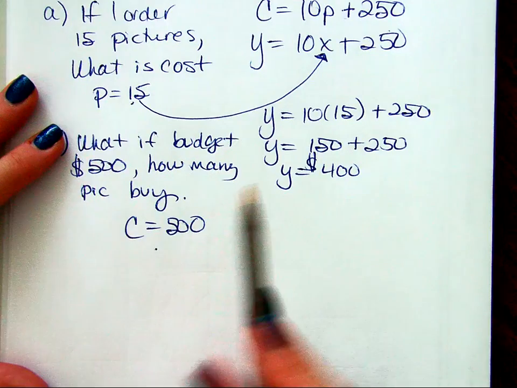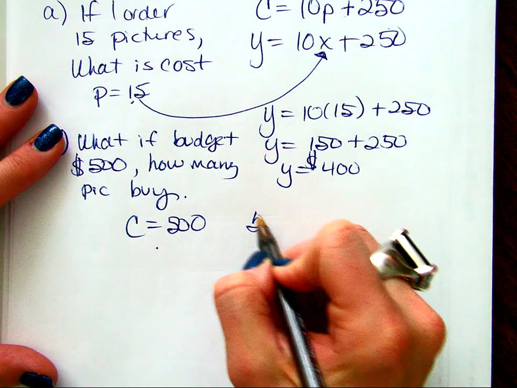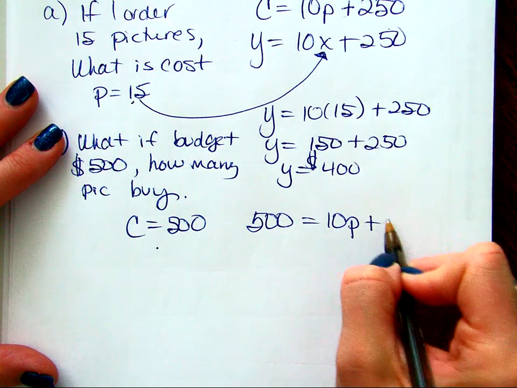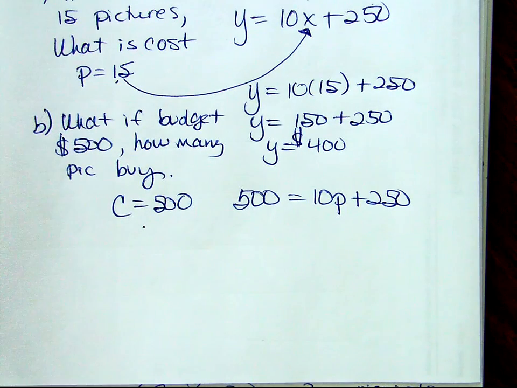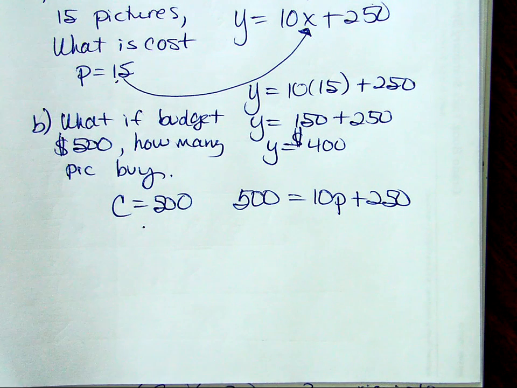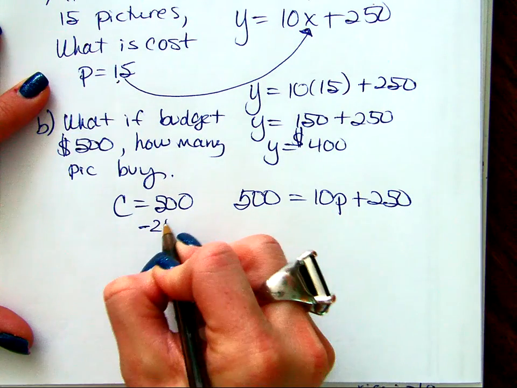Okay. Now what did I give you? Now I'm trying to solve for P, the number of pictures, and I'm giving you the cost. Do you see? This one's a little trickier to solve for, but would you just do 500 equals 10P plus 250? And now I want you to think about this.